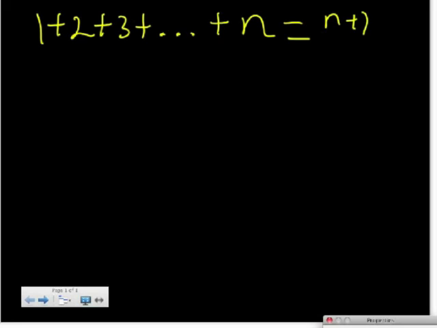Okay, so now we're going to look at a numerical example. What we are going to prove is that we're going to take the sum of all integers starting from 1, and we'll take this sum up to an arbitrary integer n. We're going to say that this is equal to the following.